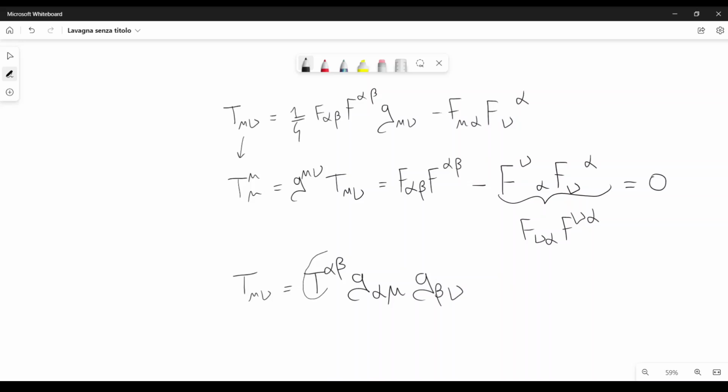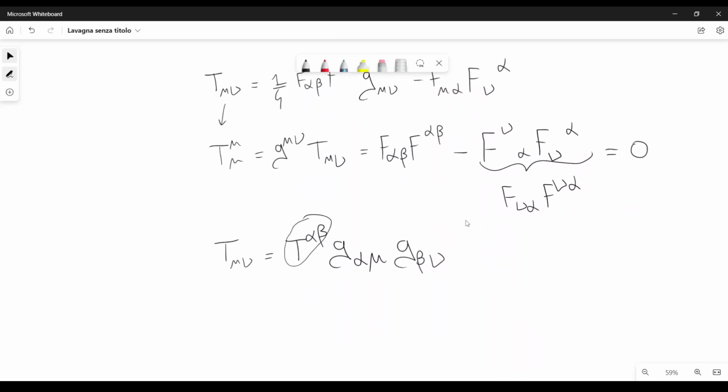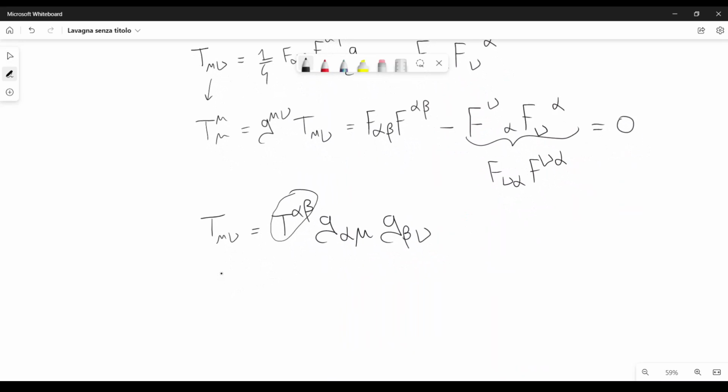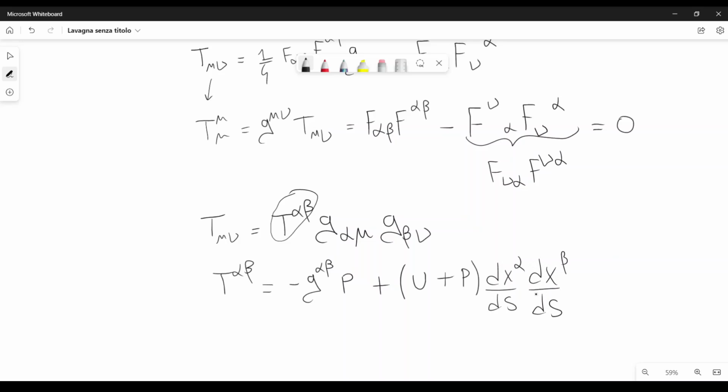And we know how to express T alpha beta with upper indices in the case of matter: it can be written as minus G alpha beta times pressure plus, here we have the energy density U plus P dx alpha ds dx beta ds.